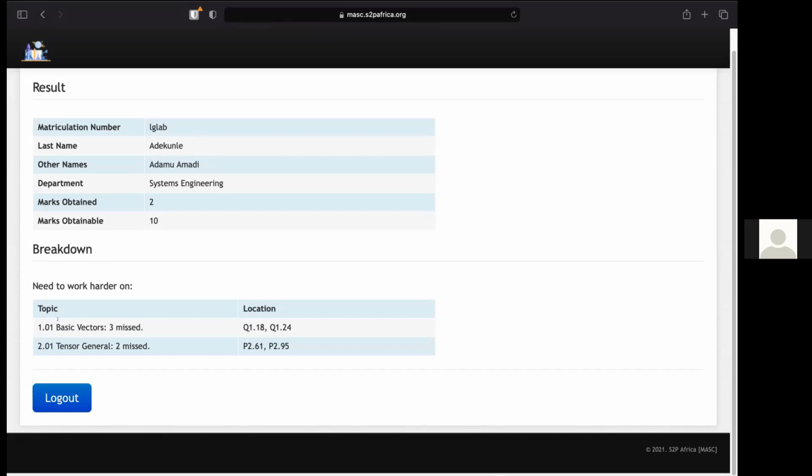For instance, on basic vectors, I missed 3 questions, and the location in the textbook or questions I could practice are given right there. So I can just use this key to go to the textbook and practice to improve myself. So these tags help the students to know the knowledge gaps in their learning and go back to improve themselves.